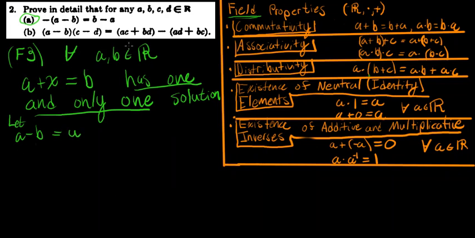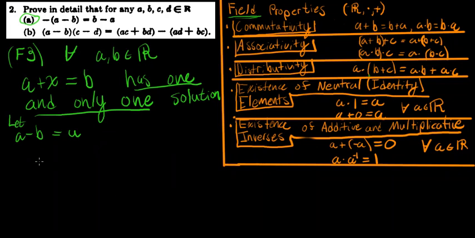Now a minus b, since a is in the real numbers and b is in the real numbers, and the real numbers are closed under addition and multiplication, meaning that the sum or difference of any two real numbers is also a real number, and the product of any two real numbers is also a real number. So a minus b is equal to u, and u is a real number.